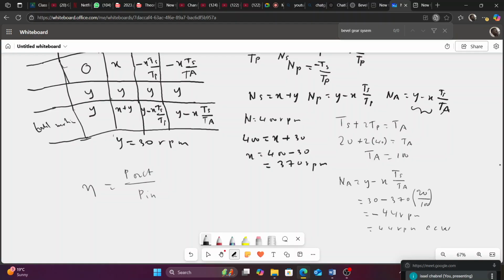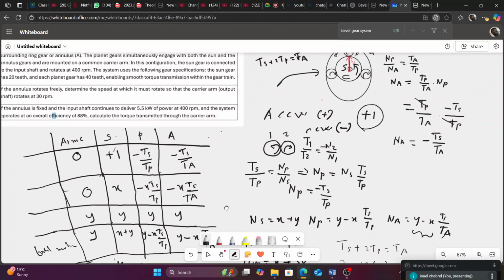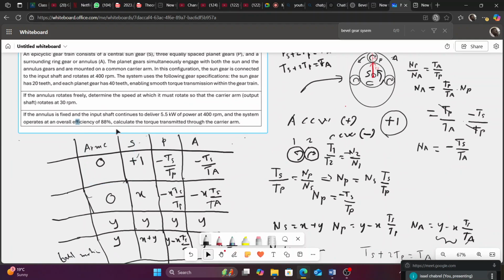So what is power, guys? Power is torque times W. We've done that in terms of machines, do you remember? Now, if you are looking for the torque of what again? Is it the torque of the input? Ah, perfect. The torque transmitted through the carrier, so it's the torque of the output.